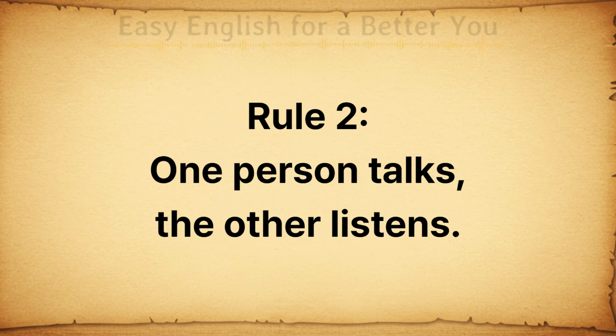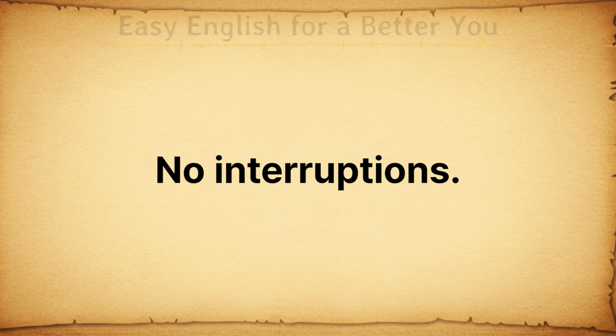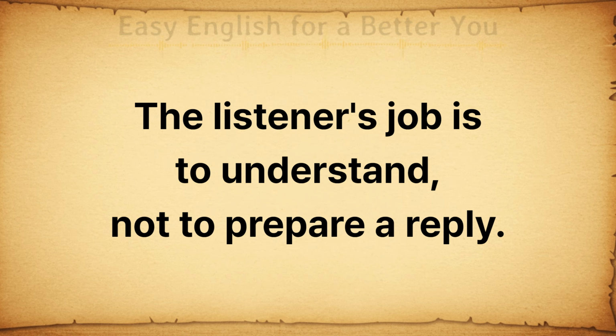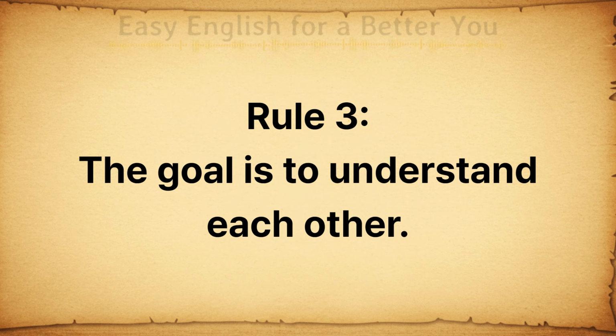Rule 2. One person talks, the other listens. No interruptions. Give each person 5 minutes to speak their full thoughts. The listener's job is to understand, not to prepare a reply. Rule 3. The goal is to understand each other.